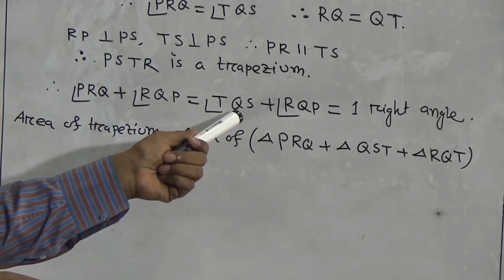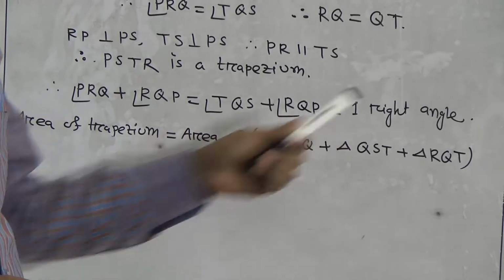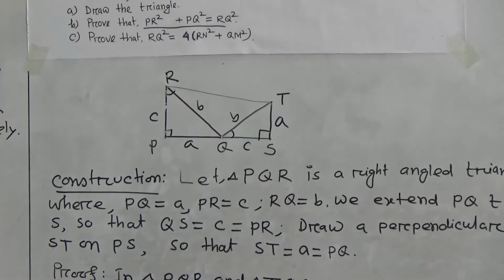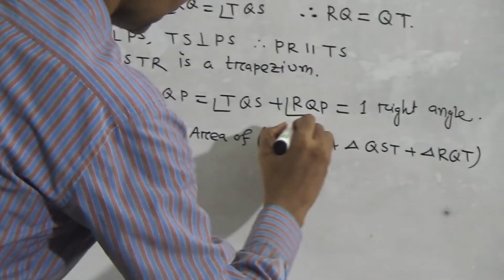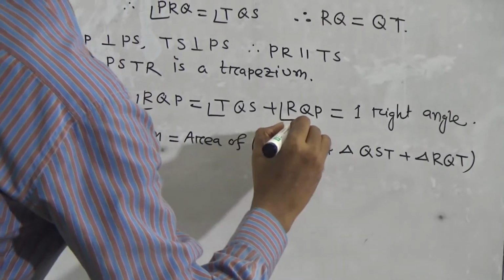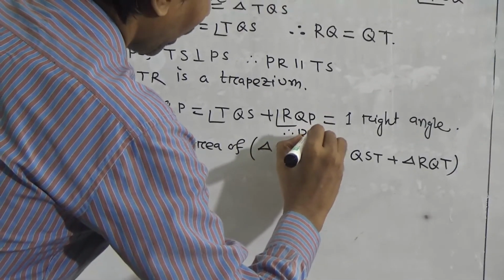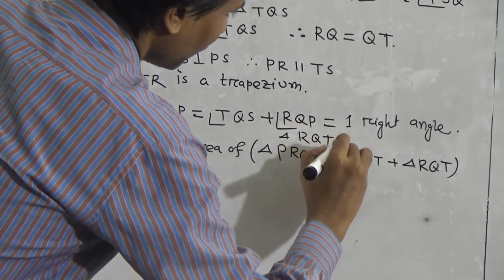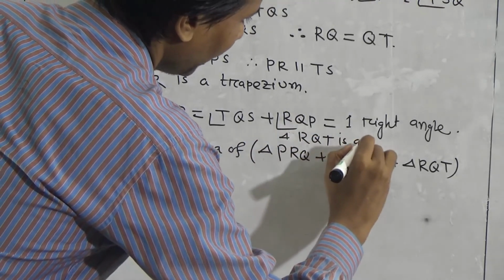You look here, TQS plus RQP equal to one right angle. Okay, that means what? That means we can say RQT equal to one right angle or right angle. Dear student, write here RQT is a right angle.